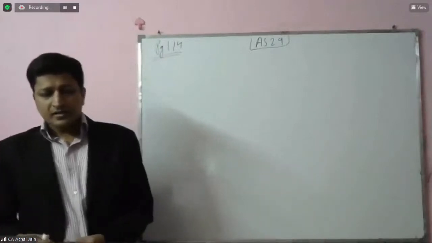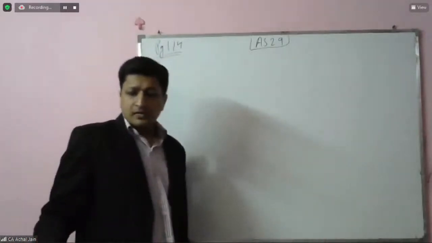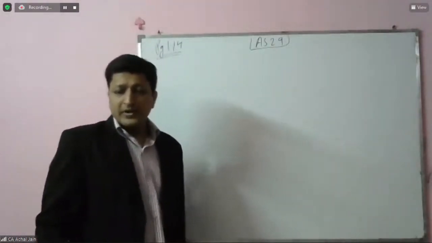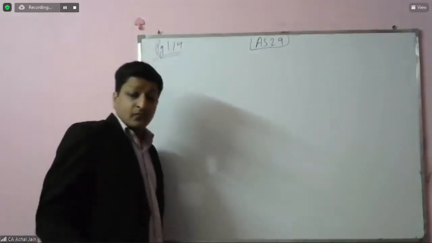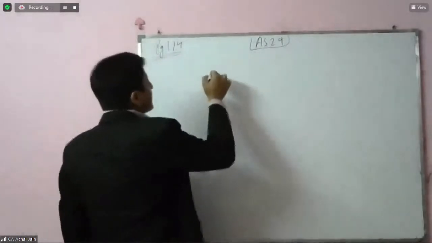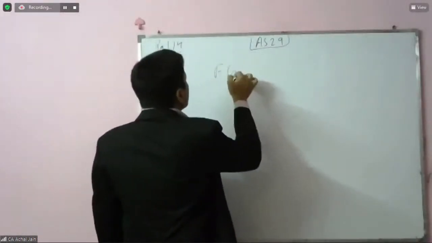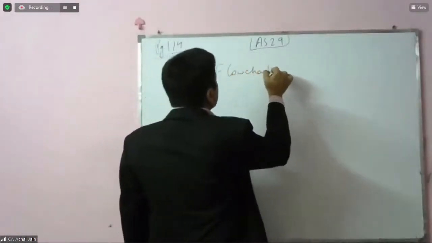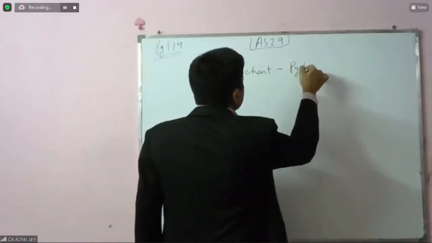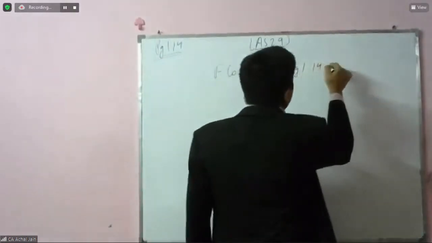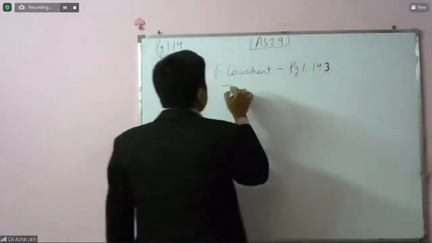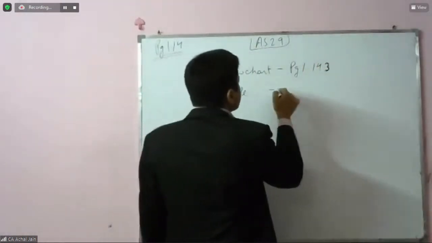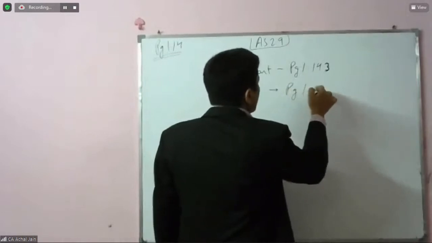This flow chart is given on page number 1.143, and then there is a table on the next page, 1.144.